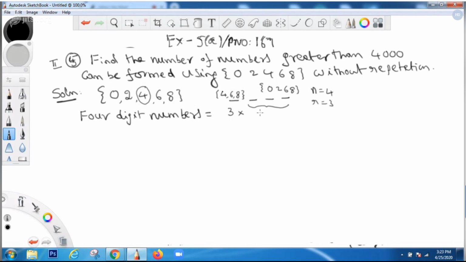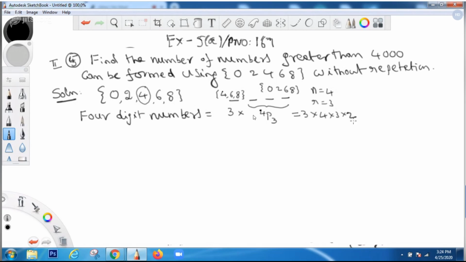N is 4, R is 3. The number of ways is nPr, that means 4P3. Therefore, this place can be filled in 3 ways, and these 3 places can be filled in 4P3 ways. Together it comes as 3 into 4P3, which is 3 into 4 into 3 into 2.